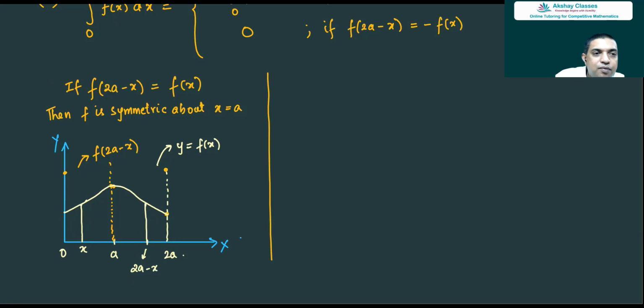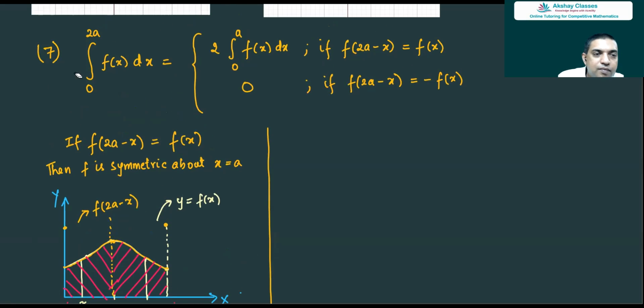So the graph of the function will be symmetric about this line x equal to a. So when you do this integral 0 to a and integral a to 2a, both will be equal. Therefore, integral 0 to 2a will be twice of integral 0 to a.